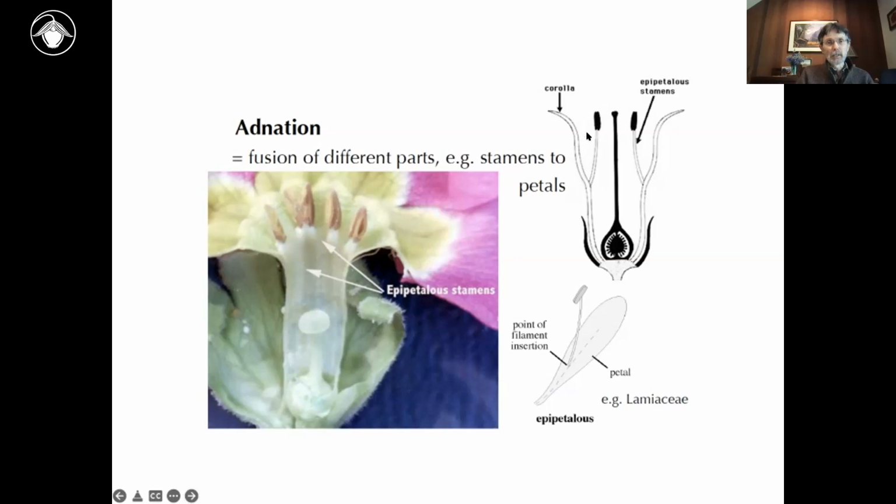And you can see a longitudinal section of this drawing of the stamens fused to the inside of the petals. We call stamens in this condition epipetalous. So rather than from the base of the flower, they appear to be emerging from the surface of the petal, the inner surface, thus epipetalous.